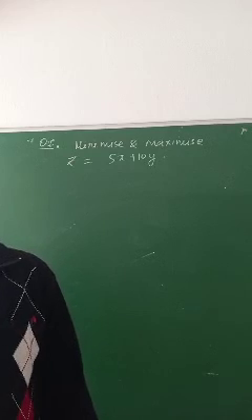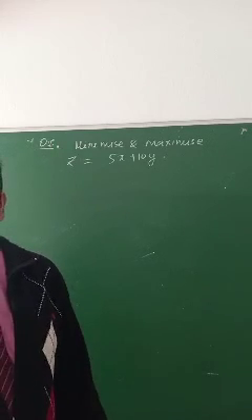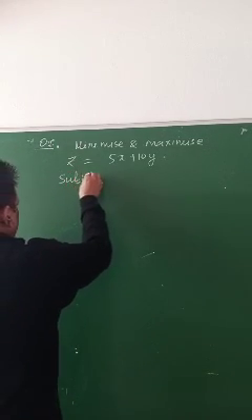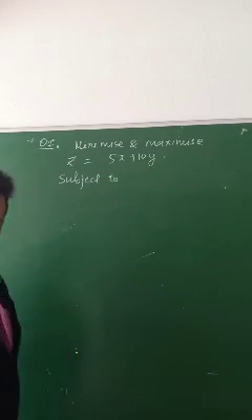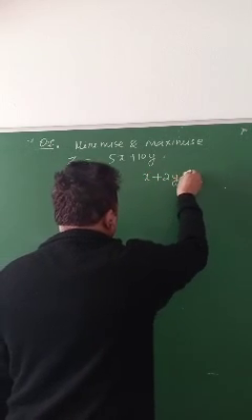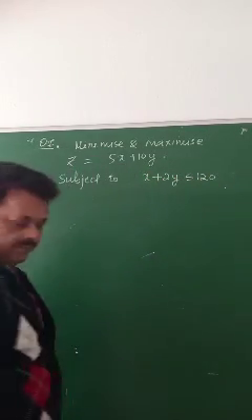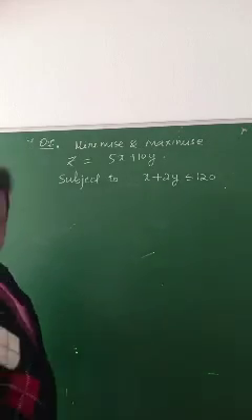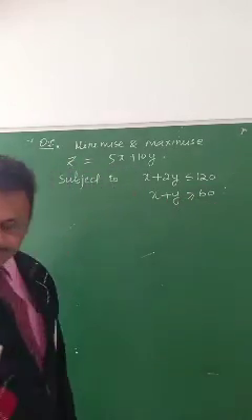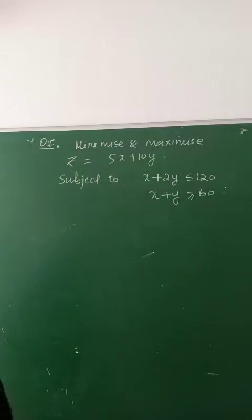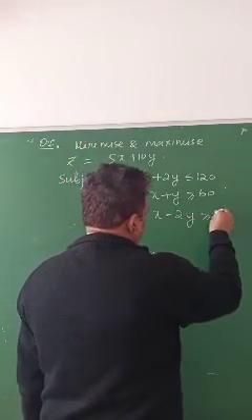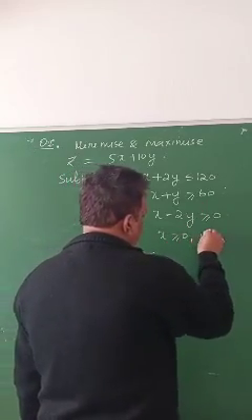Subject to x plus 2y less than 120, then x plus y greater than 60, then x minus 2y greater than 0, then x greater than 0, y greater than 0.